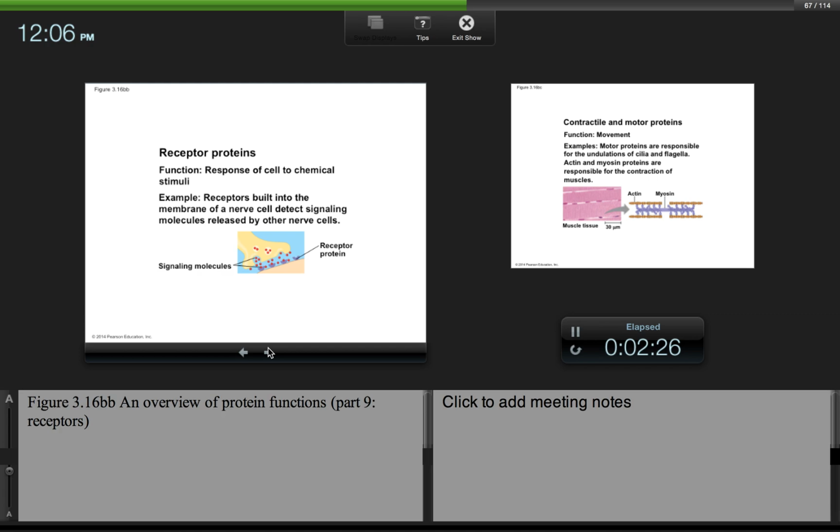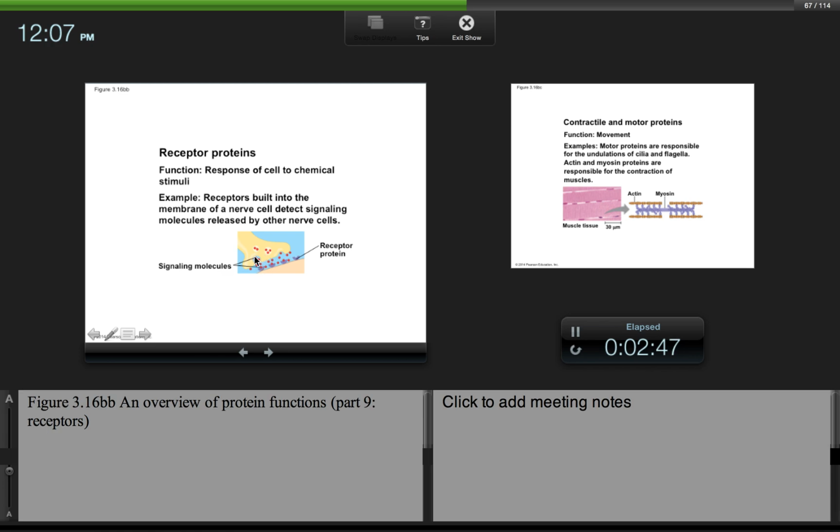You have receptor proteins. Here this is showing a cell of the nervous system, your neuron, which is releasing signaling molecules. You know those signaling molecules as neurotransmitters. And those neurotransmitters will bind to a receptor protein on the postsynaptic cell.